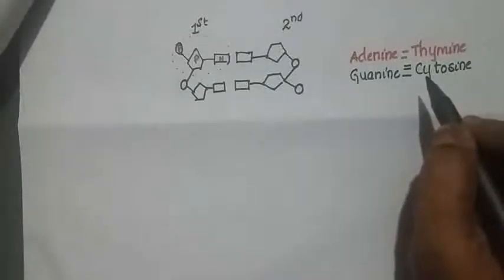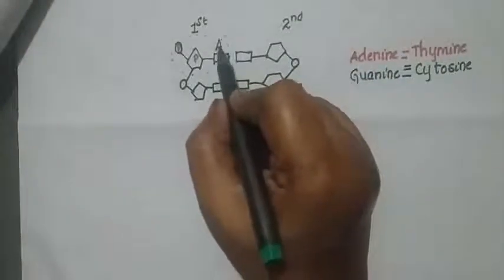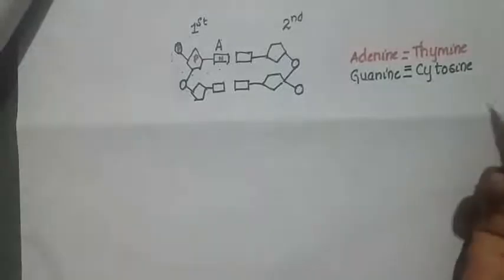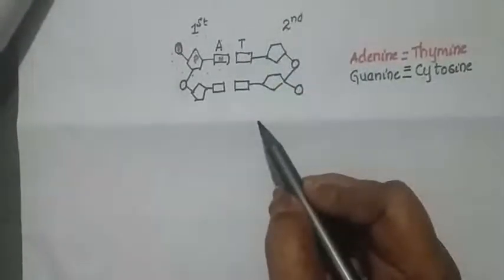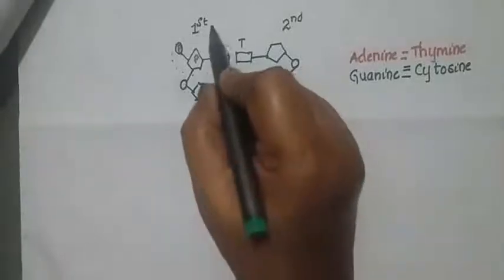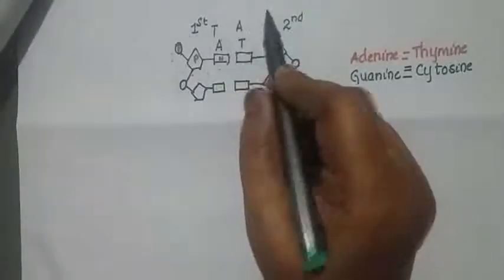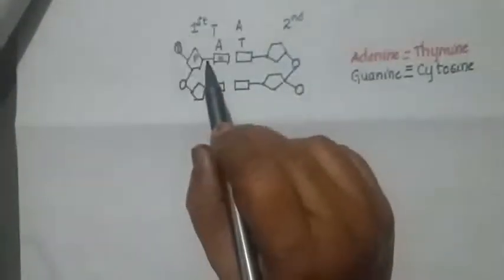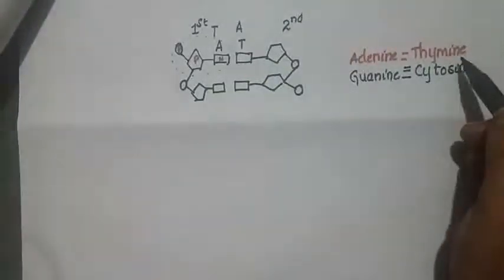What do you mean by that? In case if you have an adenine here, what is the complementary pair for adenine? It should be thymine. Fine, children. If you have a thymine here, the complementary pair should be adenine. So you will never find the cytosine or a guanine with thymine. So always adenine is with thymine.